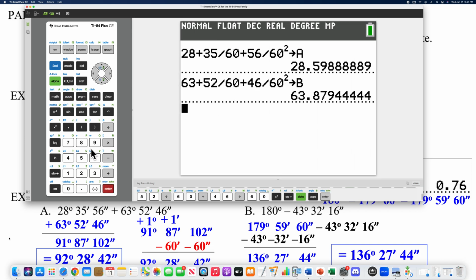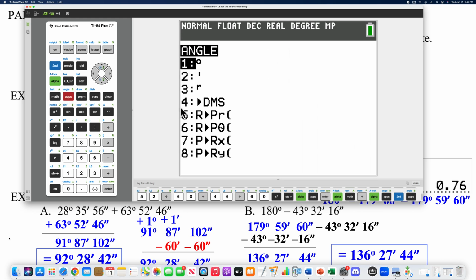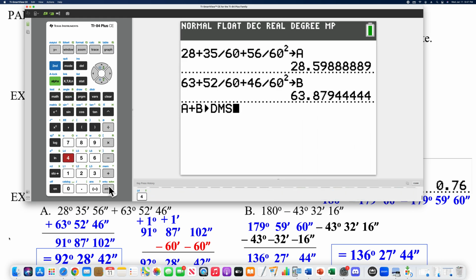Now, to add them together, you just have to hit alpha A plus alpha B. And now we want degrees, minutes, and seconds, go second angle, number 4, and it converts it into that 92 degrees, 28 minutes, 42 seconds, just like the answer we had here.